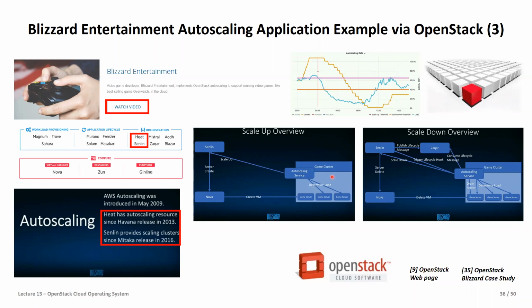It is always looking at the load automatically on your game service with your game cluster. When the load looks fishy, the service can decide: let's create a new VM. It automatically uses the interfaces in OpenStack via the Nova service, which gives you the VM, to deploy another game service and distribute the load.